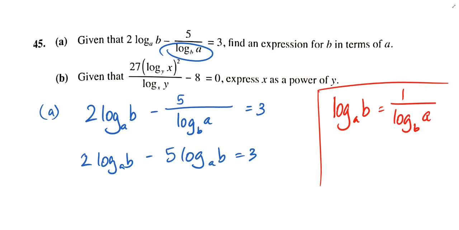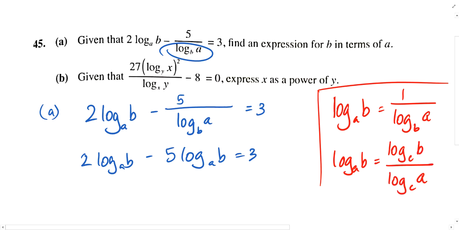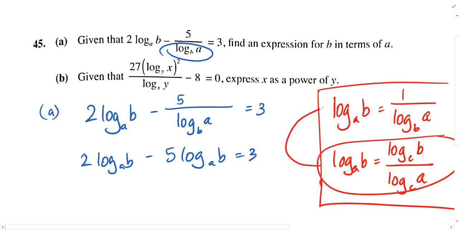The related formula is log a b, if I want to change it to log base c, is log base c b over log base c a. So from here you can derive this, which is what she used over here. The same restrictions apply for all your logarithms.